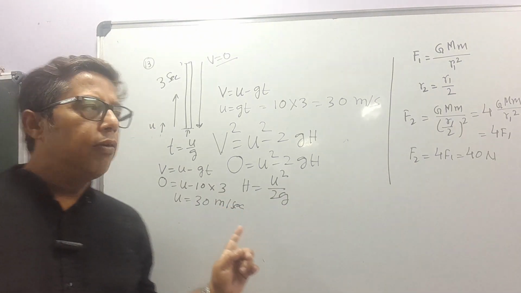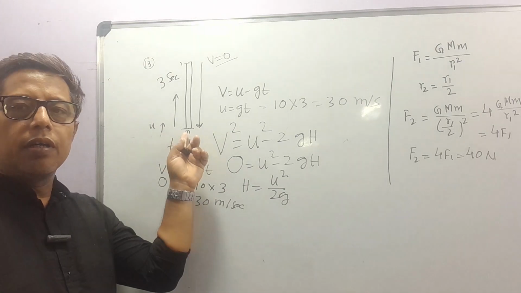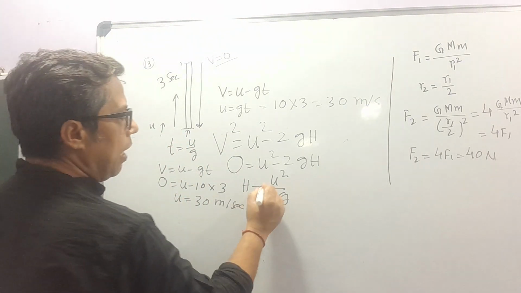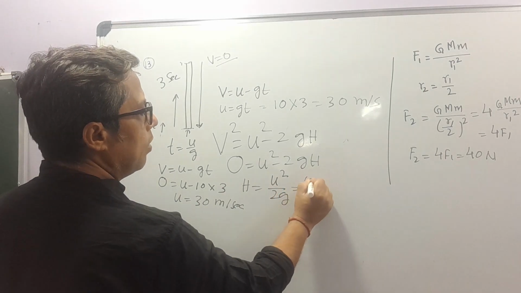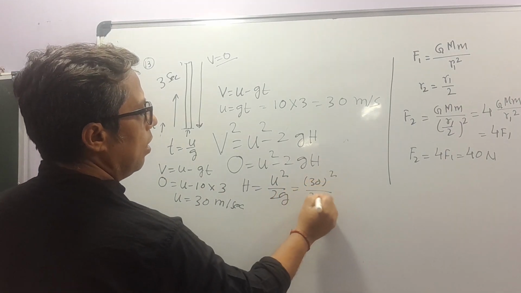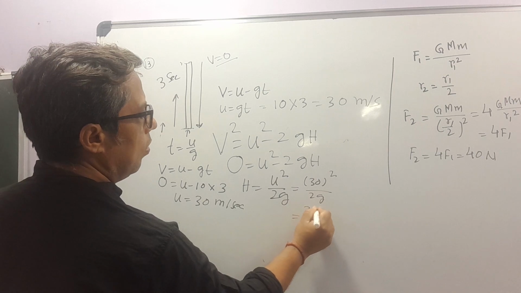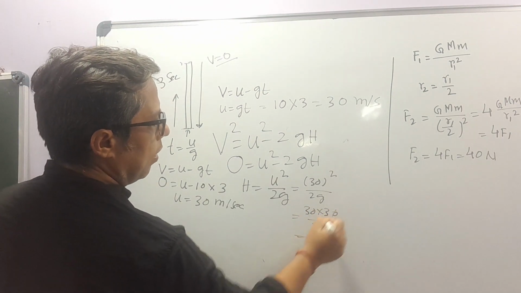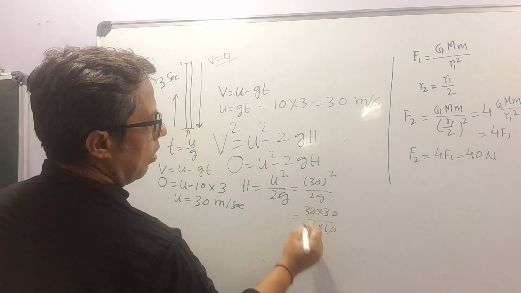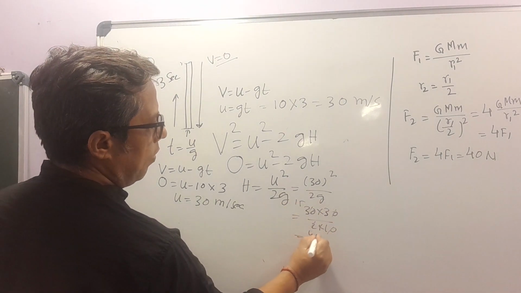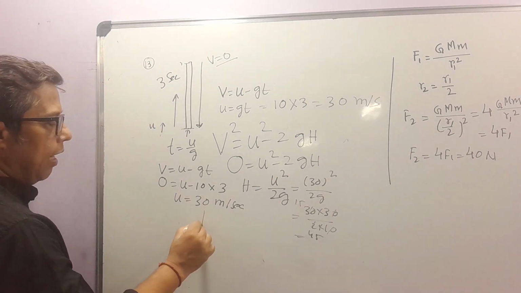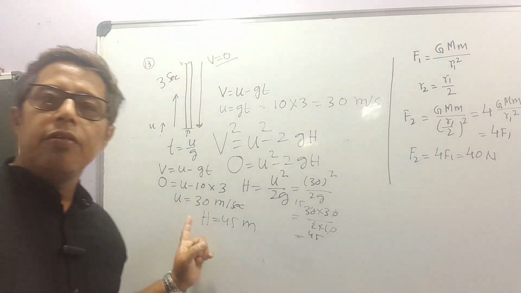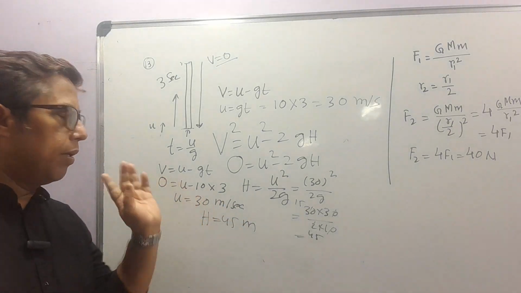We got the initial velocity. Now when we have u, we get h is equal to u square by 2g, that is 30 into 30 by 2 into 10. It comes to 45. So the maximum height h will be 45 meter and the initial velocity is 30 meter per second.